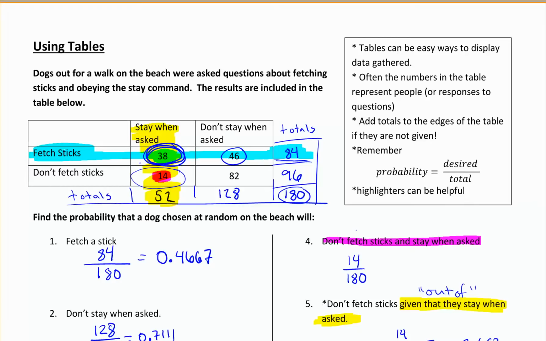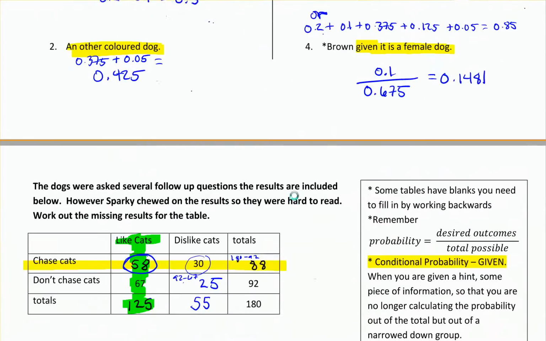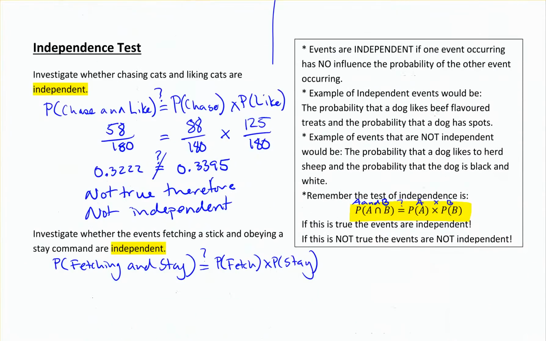The other categories that we need to look for are the probability that they fetch sticks, which would be 84 total out of 180, and the probability that they stay, which is going to be the total of 52 out of 180. So those will be the numbers that we're going to put into our formula. So again, the number that both stay and fetch sticks was just, oops, sorry, not 58, 38 out of 180.